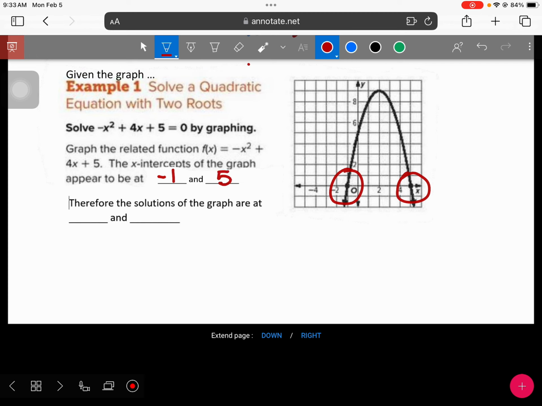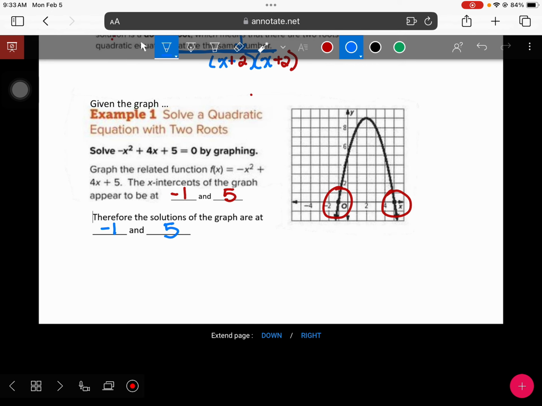Yes, those are the x-intercepts. Therefore, the solutions of the graph, guess what, are going to be at, take a guess, educated guess, -1 and 5. Yes, who's buried in Grant's tomb? Probably Mr. and Mrs. Grant. All right, any question about example 1?